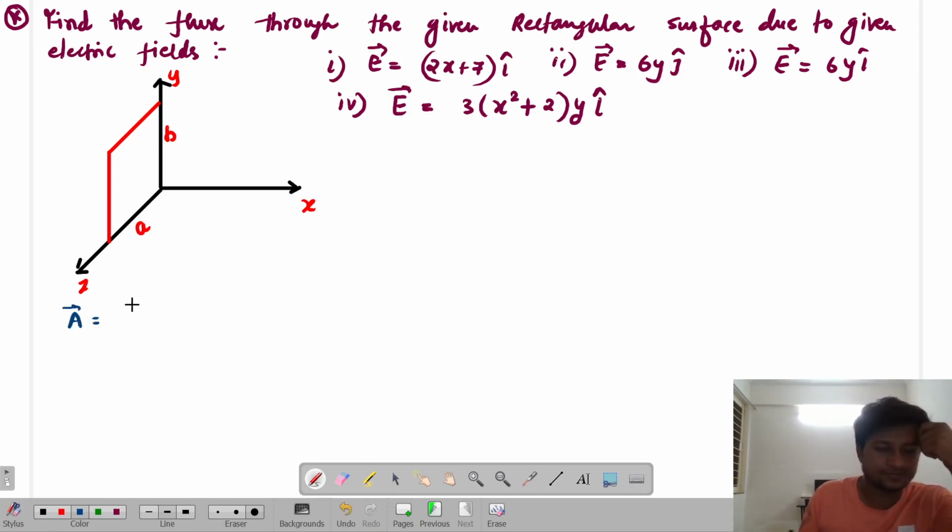What is the area vector? AB i cap, isn't it?